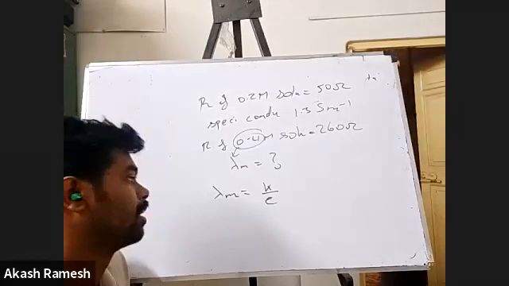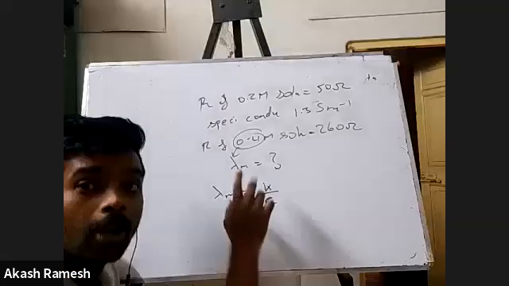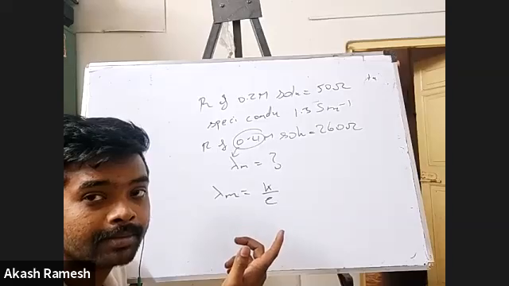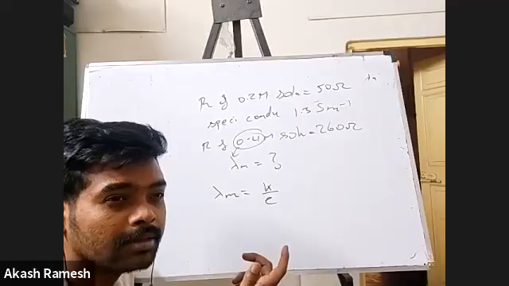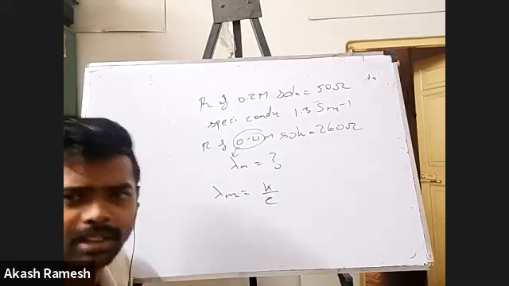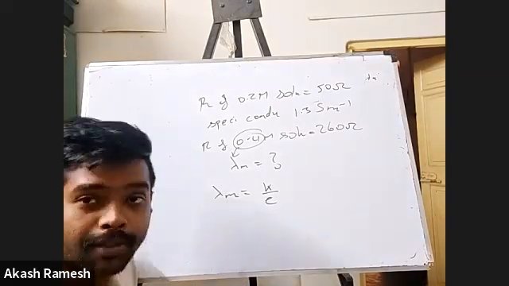Correct. Conductivity is also called the reciprocal of resistivity, specific conductance. Just like resistivity is called specific resistance, conductivity is called specific conductance.